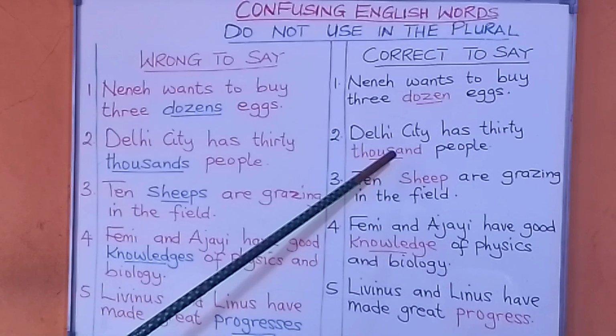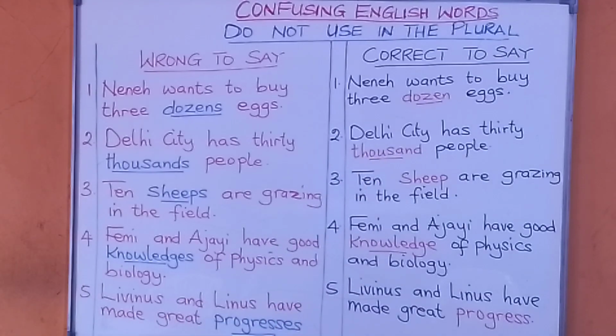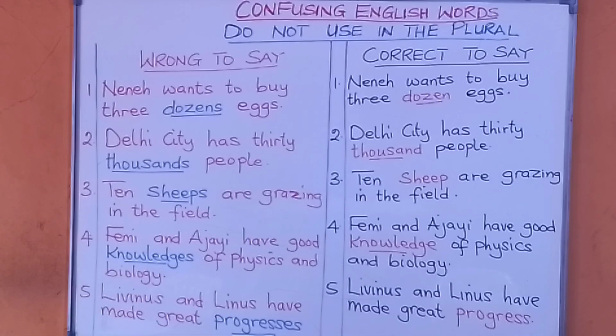If we're talking about hundred, thousand, million, they take the plural form if they are not preceded by a numeral or by a.